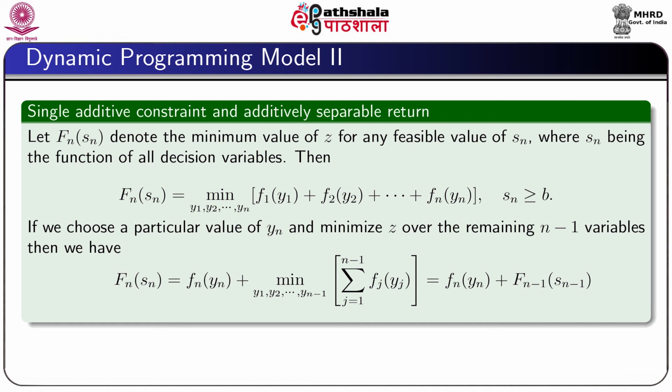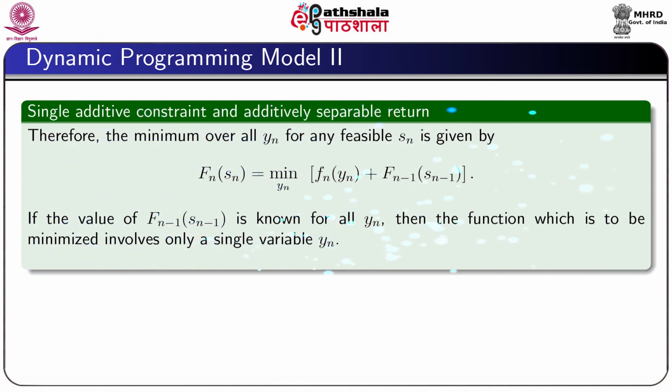The values of y1, y2 up to yn minus 1 for which the summation fj(yj), where j varies from 1 to n minus 1, is minimum, keeping yn fixed, thus depend upon Sn minus 1, which in turn is a function of Sn and yn.